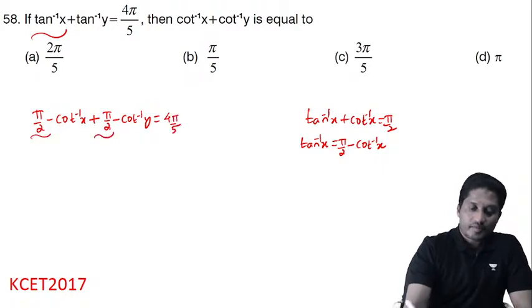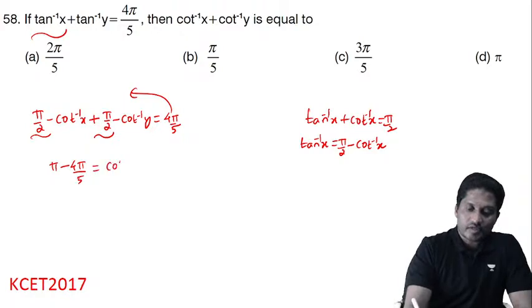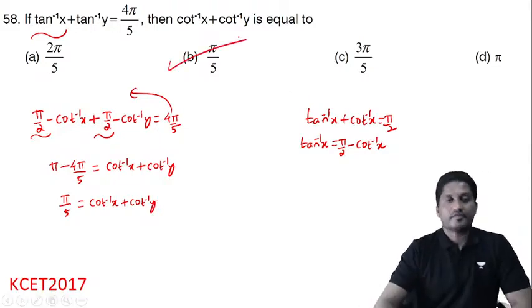Pi by 2 plus pi by 2 is pi. Minus 4 pi by 5, you shift it here, you get pi minus 4 pi by 5. This is cot inverse of x plus cot inverse of y, which is pi by 5, equal to cot inverse of x plus cot inverse of y. Right, answer will be pi by 5.